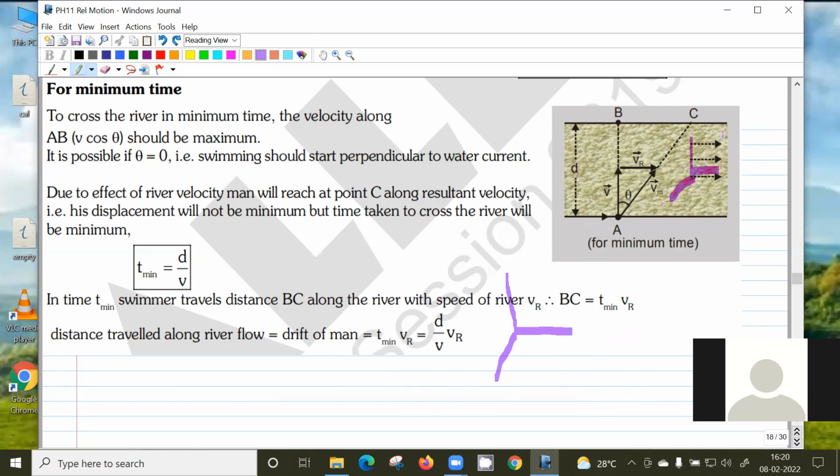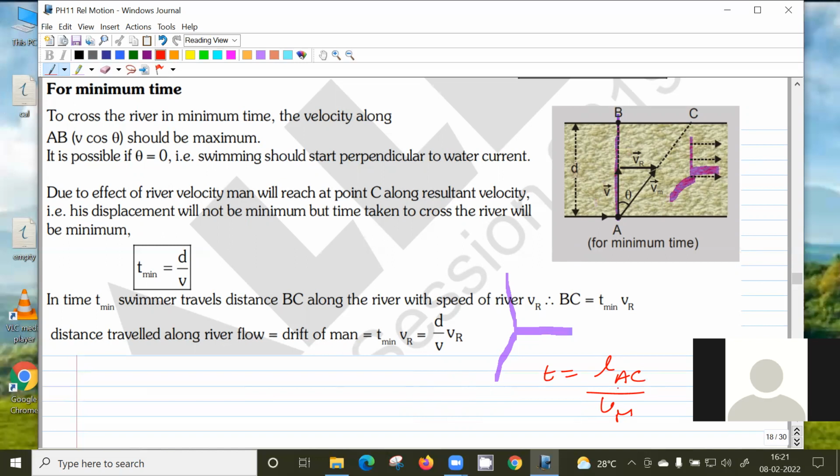So with respect to the frame attached to the river, to get the minimum time, the velocity of the man with respect to river should be in this direction, and this is the relative velocity because it's with respect to this frame. To understand this from the ground frame, the time taken is the distance traveled by the man, length of AC, divided by the velocity of the man with respect to ground.